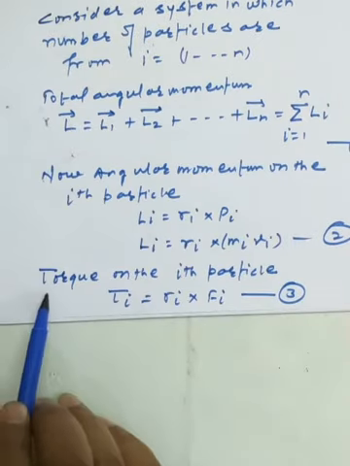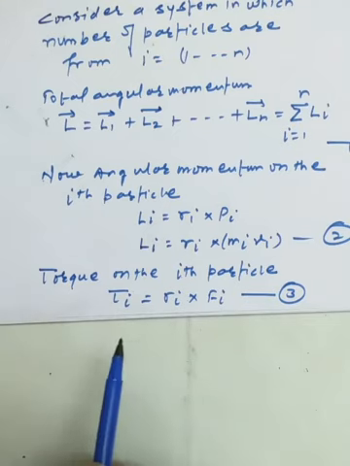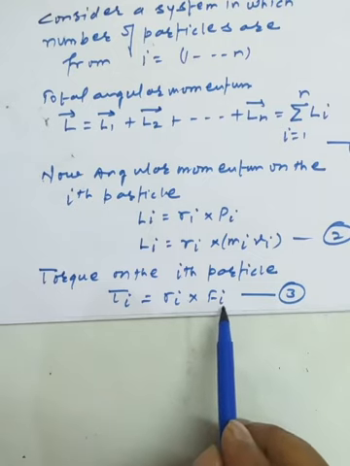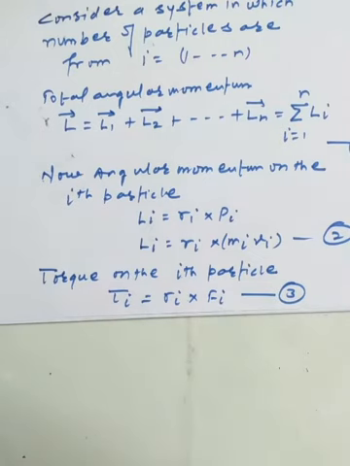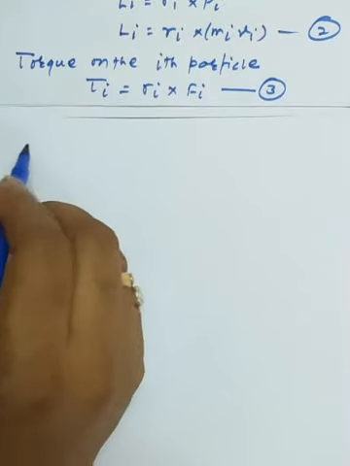Now here we have the torque on the ith particle, that is torque i is equal to Ri cross Fi. Now here we can assume the force on the ith particle. Okay. Now we will use the concept of linear motion.